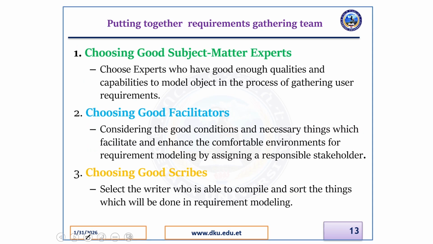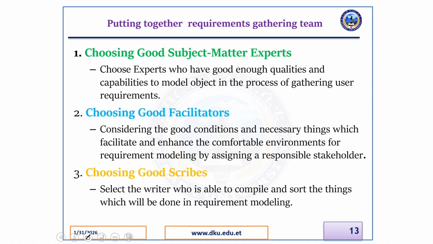The other important topic here is putting together the requirements gathering team. It has three important steps. One, choosing good subject matter experts. Choose experts who have good qualities and capabilities to model objects in the process of gathering user requirements. The second one is choosing good facilitators.